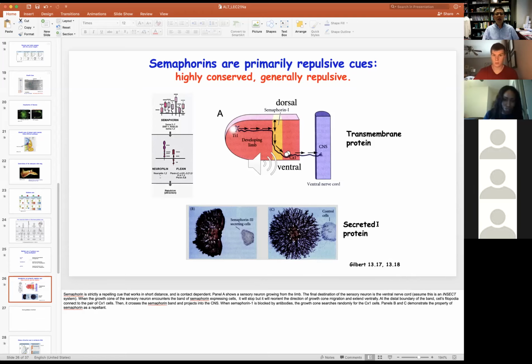So basically, semaphorin is primarily a repulsive cue. This is the developing limb. So we have an arm and a leg, right?